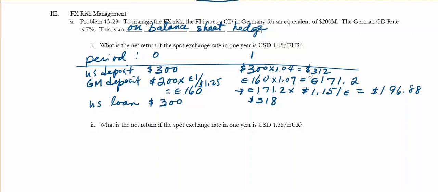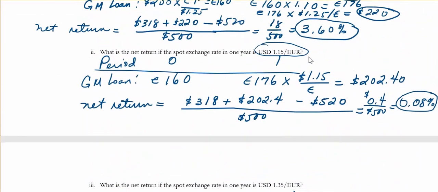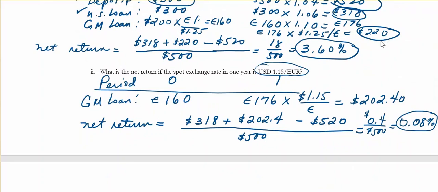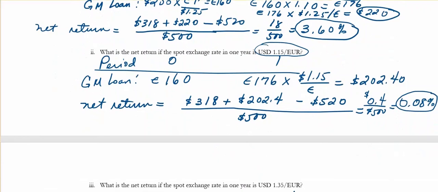And then we'd already worked out that the loan in Germany will be 160 million euros.